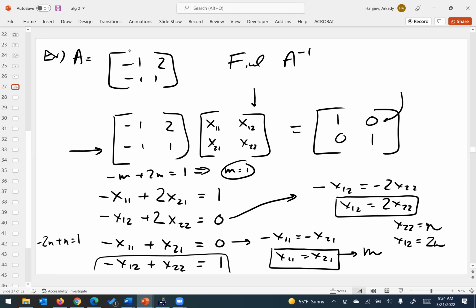Are we good there? I think N is equal to -1. Is that right? Yeah. Okay, if N is equal to -1, that means x22 is equal to -1. x12 is -2. And each of these guys is worth 1 each.